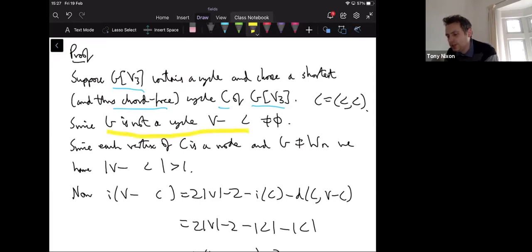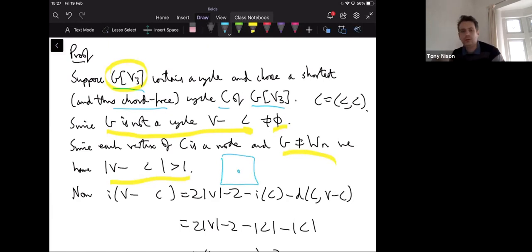So if I take the vertex set of G and subtract the vertices of the cycle, I still have some vertices left. Each vertex of this cycle I've found is a node because it's a part of the subgraph of nodes. And since we're not the wheel, we know there's at least two vertices outside. So in the case of the wheel, the subgraph of nodes looks like that, and there's exactly one more thing adjacent everywhere. But if I'm not the wheel, then I know there's at least two vertices outside.